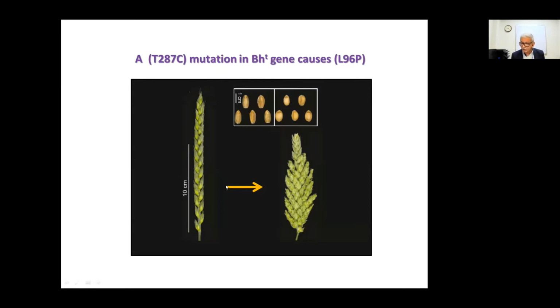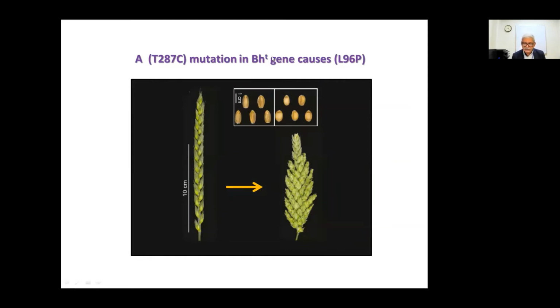And what is our motive? Our motive is that this is the typical wheat which is grown in Pakistan, okay? This one is hexaploid wheat, and this is tetraploid wheat, which has a mutation in a gene known as BHT gene, okay?